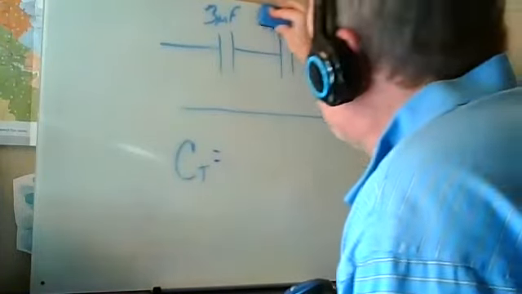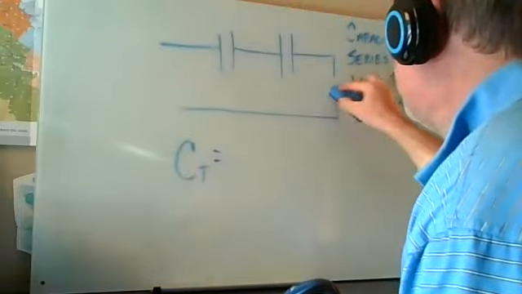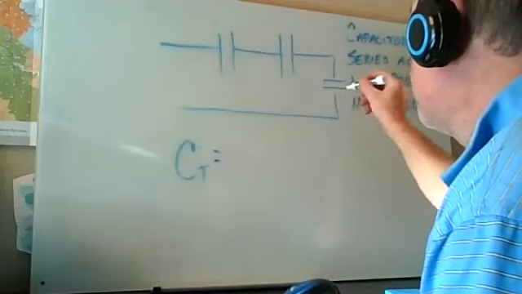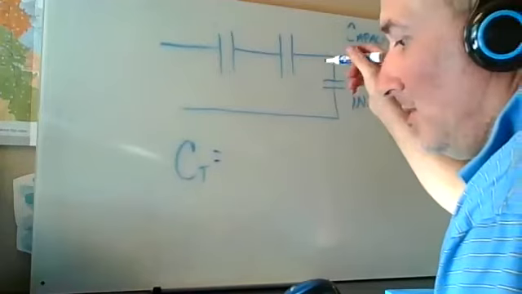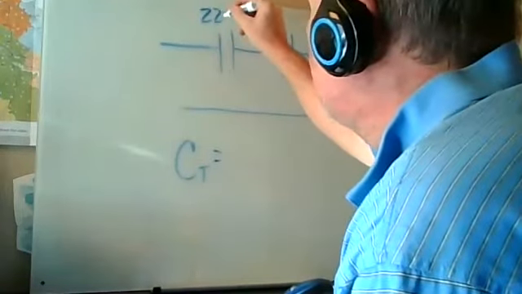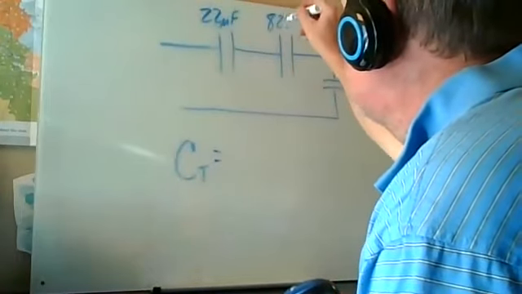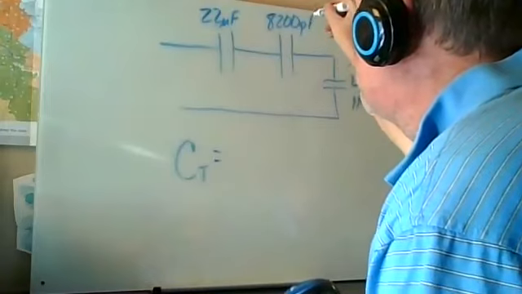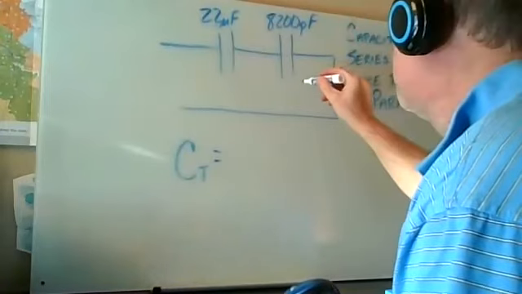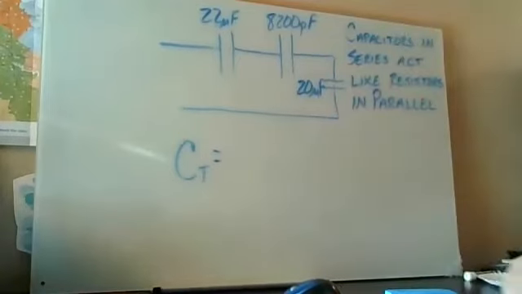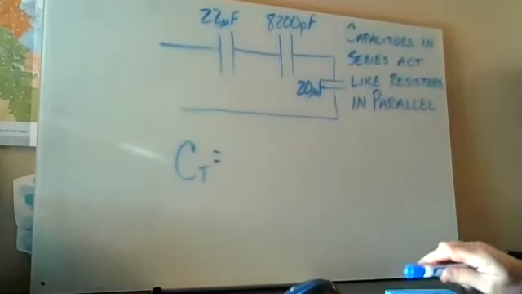I was going to say I got this one in case you're worried. Okay, you got this? Let's see if you got it. So let's say I got this. Let's see where you're at. So find C total.